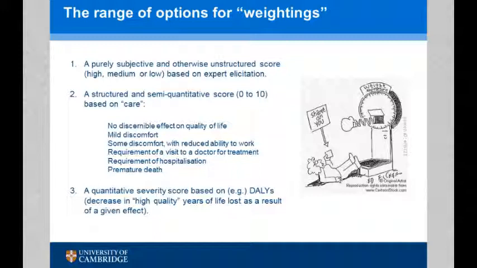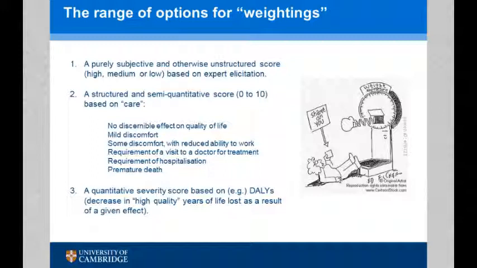Secondly is a structured approach with a semi-quantitative score. This is based on the system of care that the World Health Organization has developed that looks at whether there's no discernible effect at all on the quality of life, mild discomfort, and so forth. And one could assign a 0 weight to no discernible effect, 10 to premature death, and so forth.